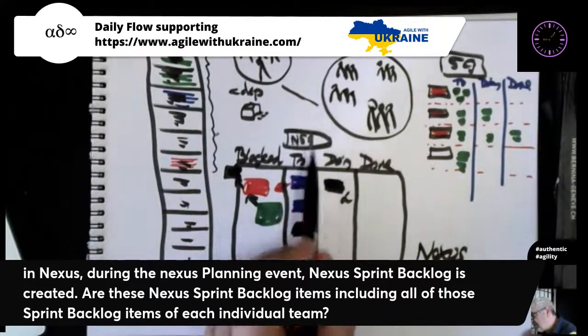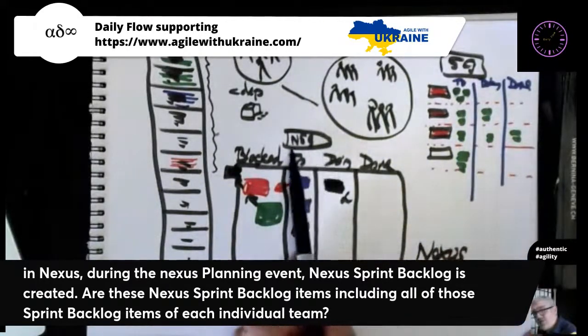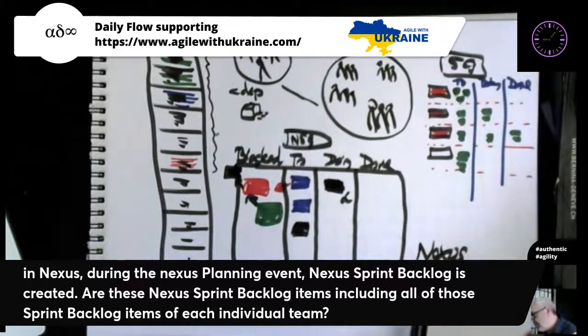Just like there's a sprint goal in a normal sprint backlog, there's a Nexus Sprint Goal, kind of a collective sprint goal. And so in the Nexus Daily Scrum, what the team does is they're looking at what are the issues towards delivering that Nexus Sprint Goal. Are there any kind of dependency issues across the teams and so on? And what do we need to do to try and help get that slice of cake by the end of the sprint? I hope you found that useful.